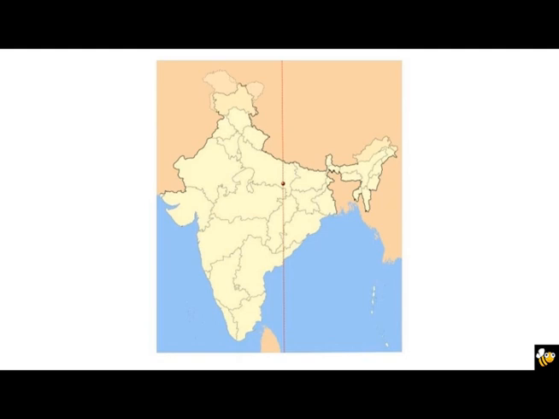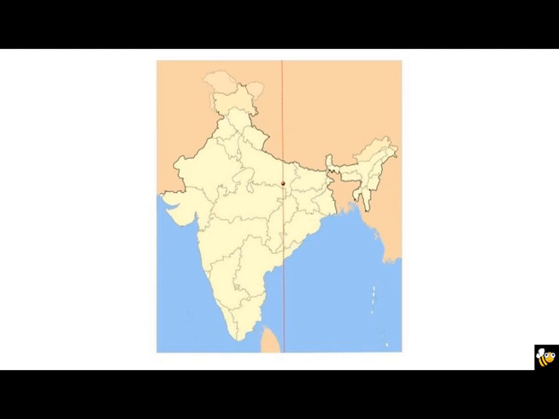So why do we have the standard time? Because there is a huge difference between the east point and the west point of the country, so we have to take a single point from which we can say this is the standard time of the particular country.